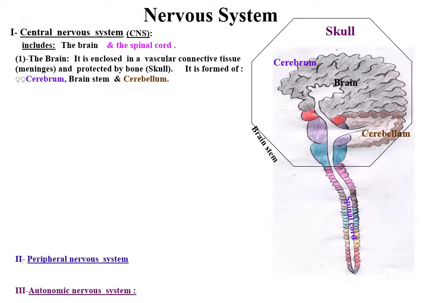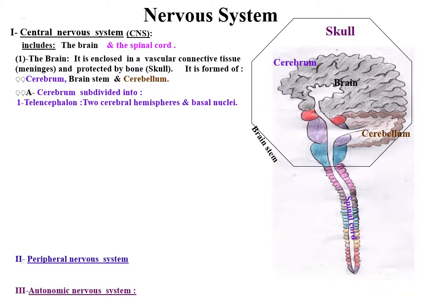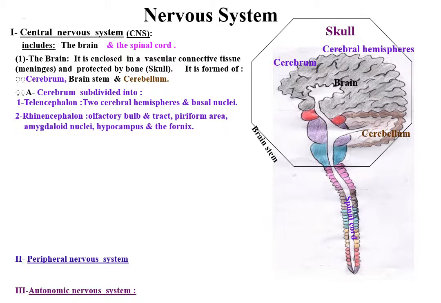Cerebrum is subdivided into telencephalon, formed of two cerebral hemispheres and the basal nuclei. Rhinencephalon, or olfactory brain, formed of olfactory bulb and tract, piriform area, amygdaloid nuclei, hippocampus, and the fornix.